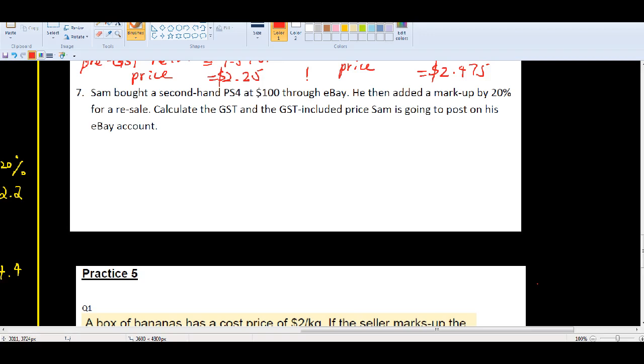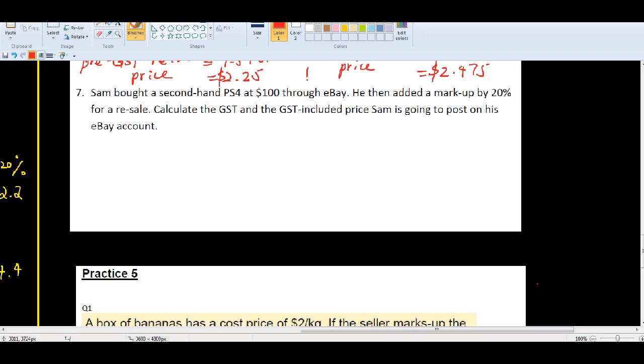Sam is going to post on his eBay account. So what kind of price? The price Sam is going to post should include the GST, right? So you need to find the GST and GST included price. But remember that the $100 is not the pre-GST price, because that's the cost price.